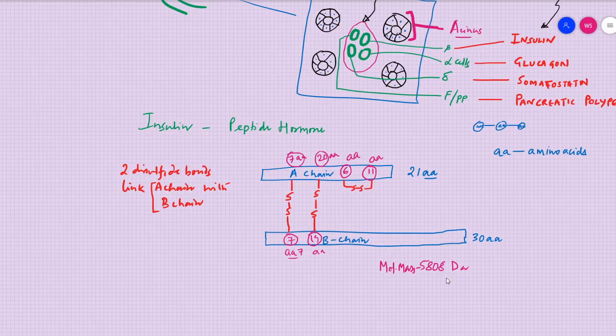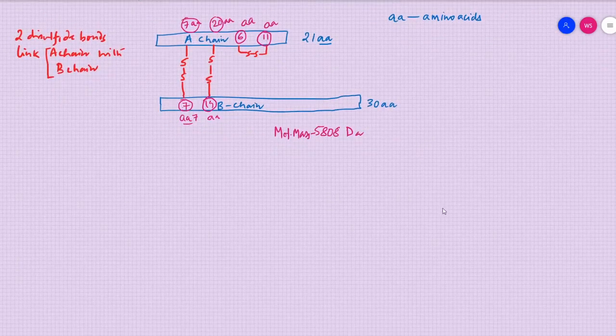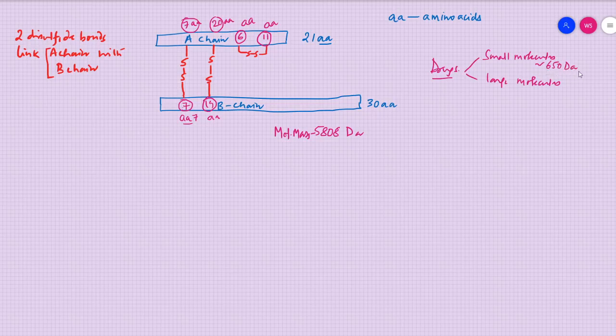So this immediately gives us certain information. As far as drugs are concerned, we classify drugs as small molecules and large molecules. Small molecules meaning approximately about 650 Dalton to 1000 Dalton, and larger molecules obviously is greater than 1000 Dalton if we use 1000 Dalton as the cutoff.